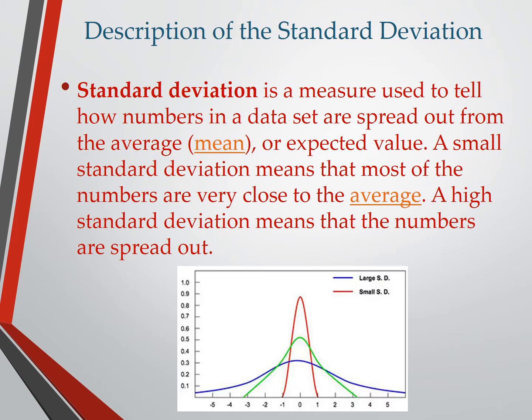Now I've drawn a picture here illustrating three different distributions. The red distribution has a small standard deviation. If you'll notice, most of the points are clustered about 0 and the range of values lies between -1 and +1. The green distribution is a little bit more spread out, which means it has a higher standard deviation.